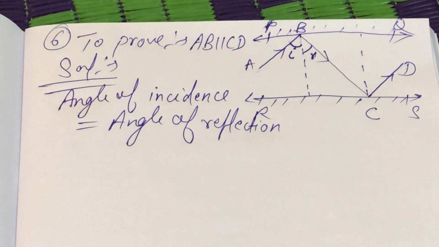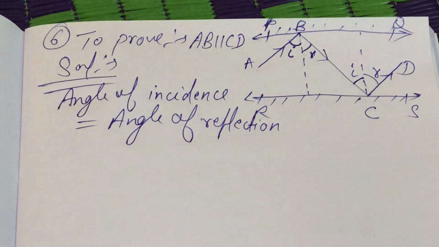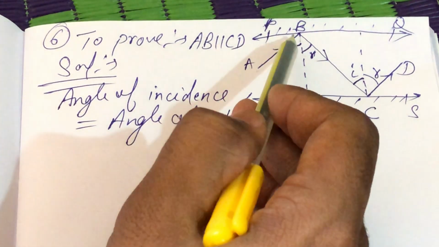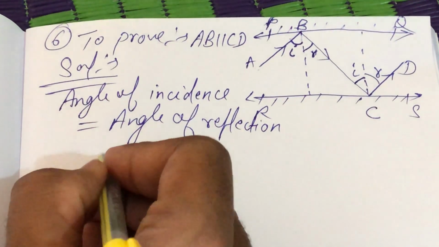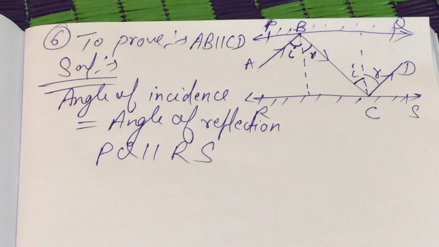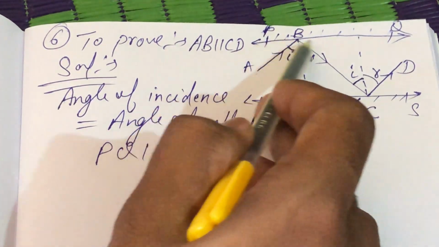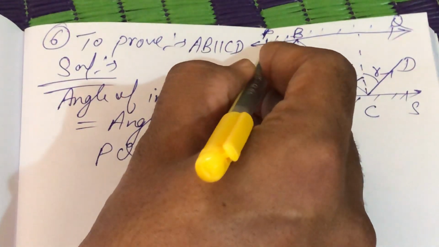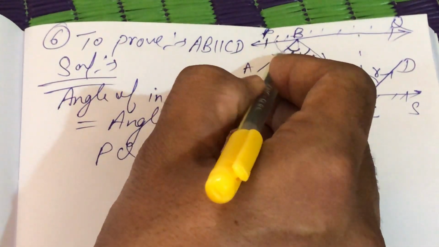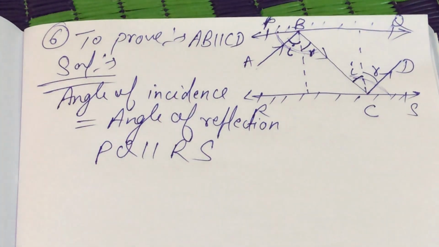Just see this. Here also, this is I, this is R: angle of incidence, angle of reflection. It is given that PQ and RS are parallel. So if PQ and RS are parallel, this complete angle and this complete angle are equal.